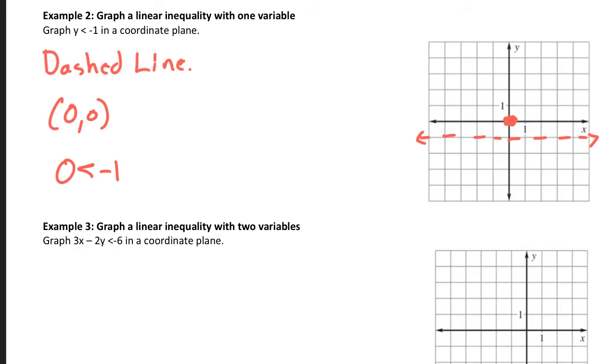This creates an untrue inequality, so this top half of the plane is not part of my solutions. So that means I would shade the bottom half. Okay? So if that point created a true inequality, I would shade the side of the line with that point. But since this point wasn't a solution, I shade the other side.